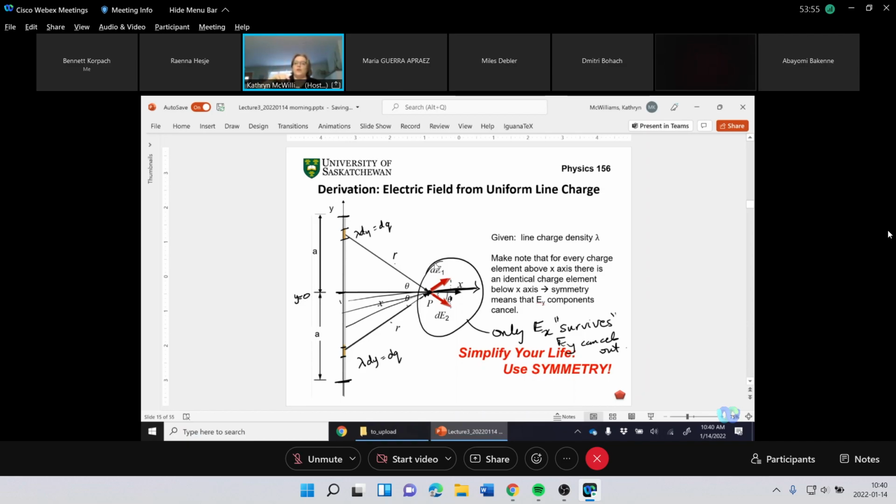So the vertical or y components of the electric field all cancel out, and only the Ex components add up, because every single charge element here creates an Ex in the right-hand direction. So we basically have to add all the Ex components from all of these little bits of charge here.